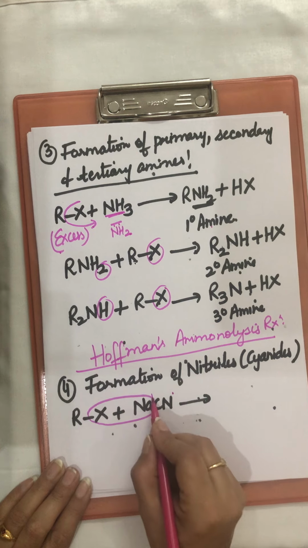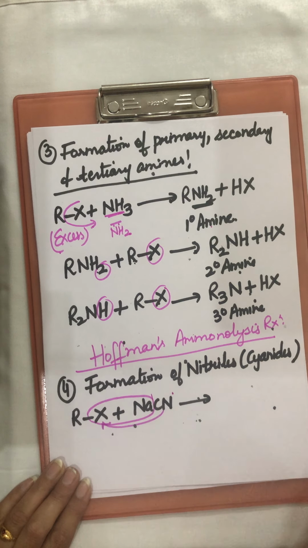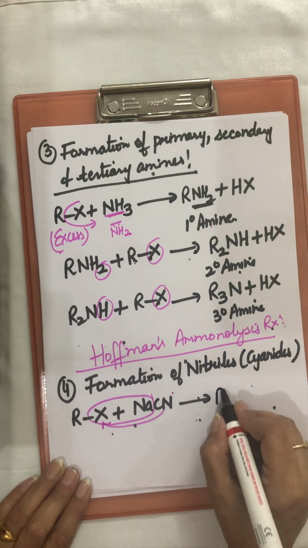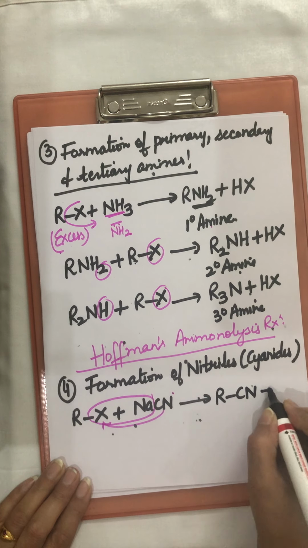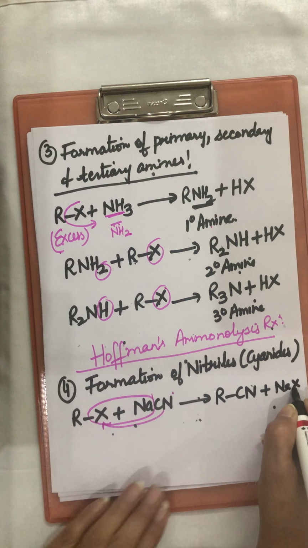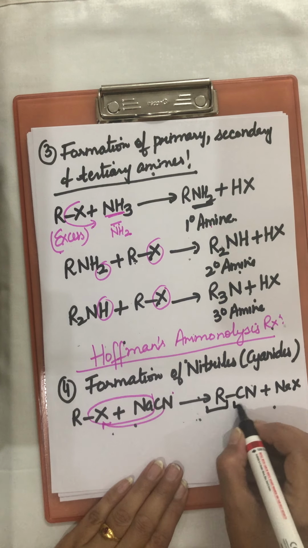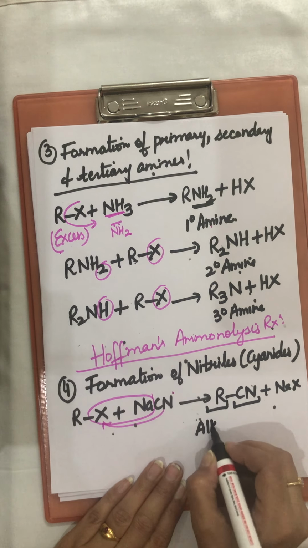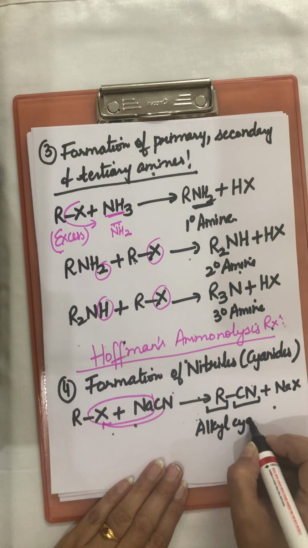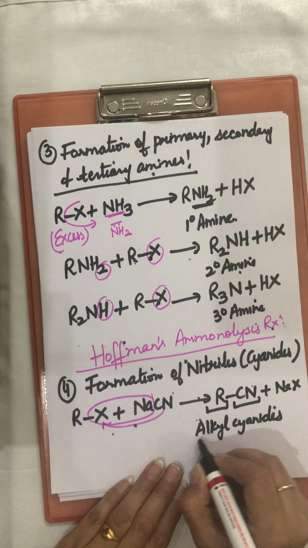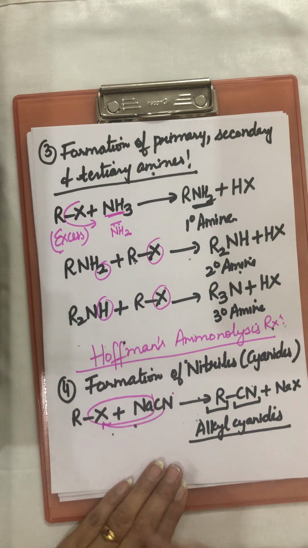This will substitute this X. It will come in place of this halogen and we get RCN plus NaX. This compound is alkyl cyanide. Alkyl cyanide, or we can say alkyl nitriles, will form from haloalkanes.